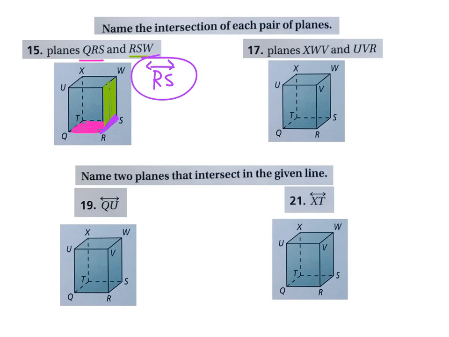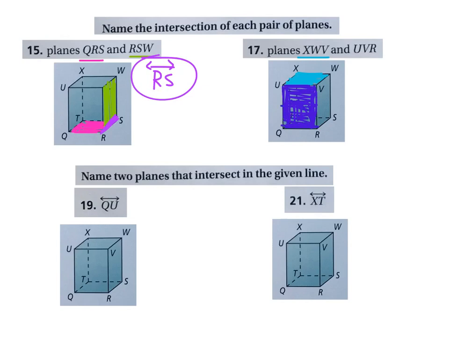Plane XWV, plane XWV, that's up here. And plane UVR. And where do we see plane UVR? UVR, that's this front surface right here. Hopefully you'll get good at visualizing these things.